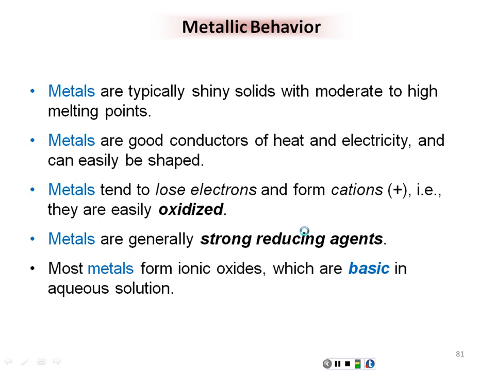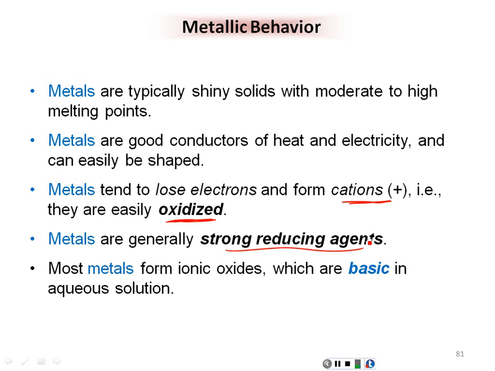They tend to lose electrons to form positively charged ions, cations, and we can say they're easily oxidized. So the loss of an electron means it's oxidized. And because they are oxidized, they are generally strong reducing agents.